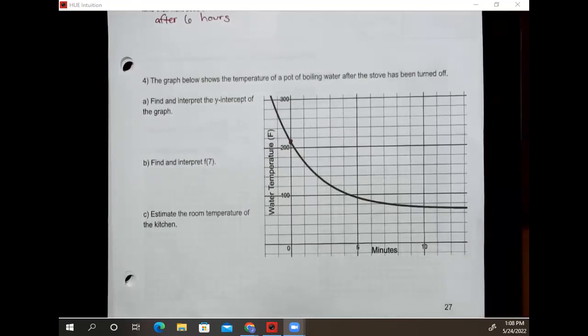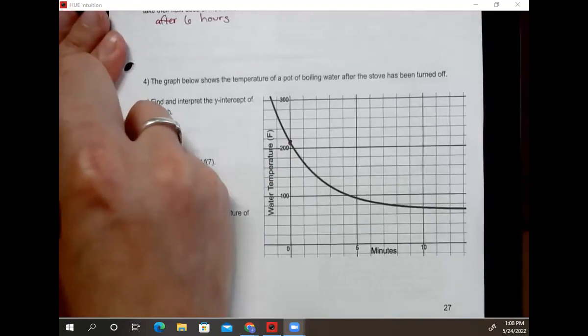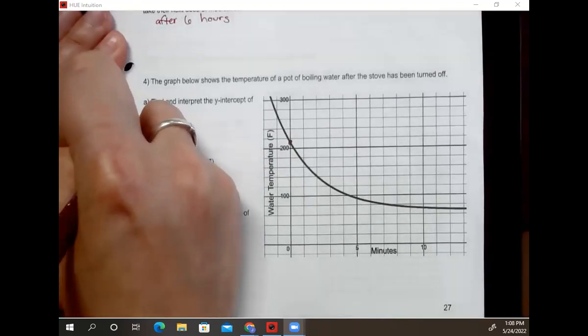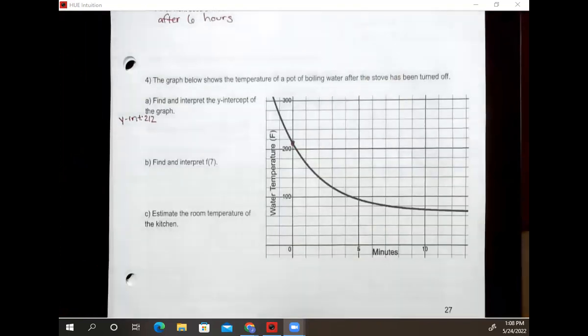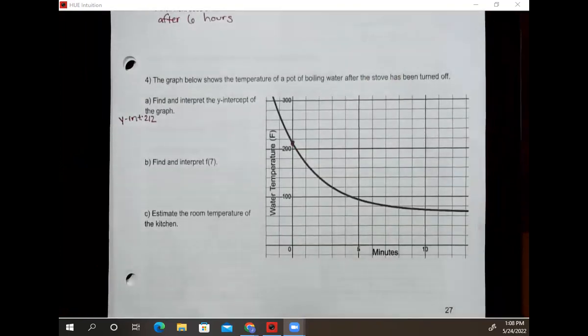We're in Fahrenheit. Not quite. 212. Okay, 212 degrees Fahrenheit. So my y-intercept is 212. Again, based on the graph, we would need to estimate. So if you didn't know anything about the temperature of boiling water and you estimated 210, you'd be close. We should know that it's 212.